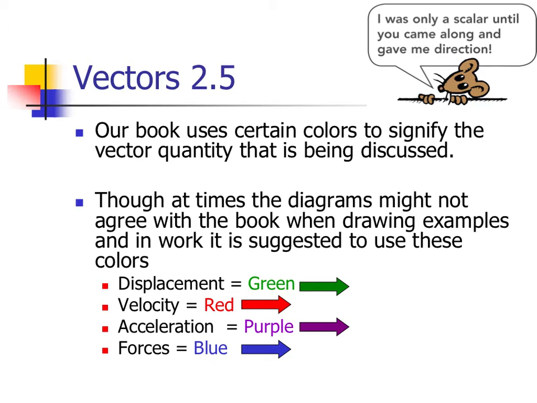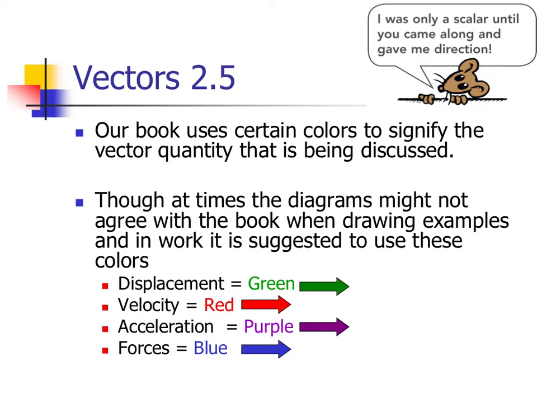So when you're looking at somebody's drawing, you're able to determine what they're kind of showing you. Okay? Now, I understand it's not always feasible to have 5 or 6 different colors of maybe pens or colored pencils.